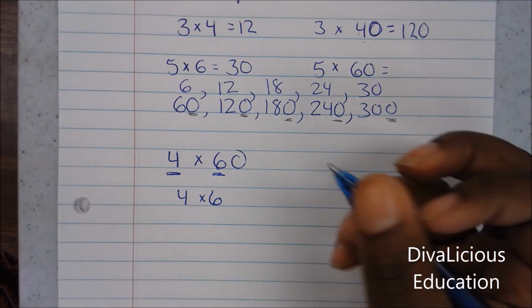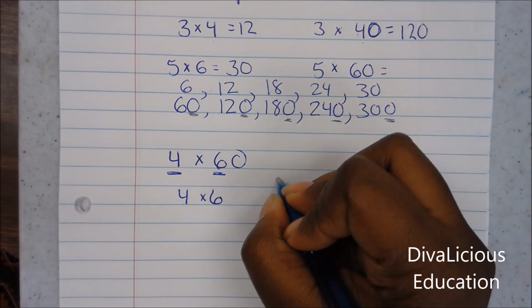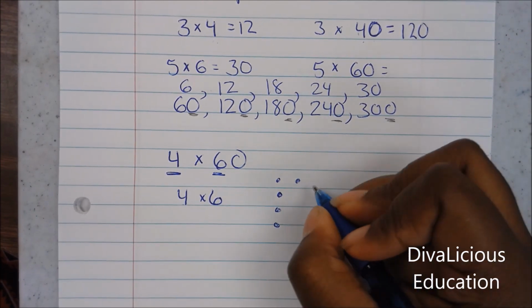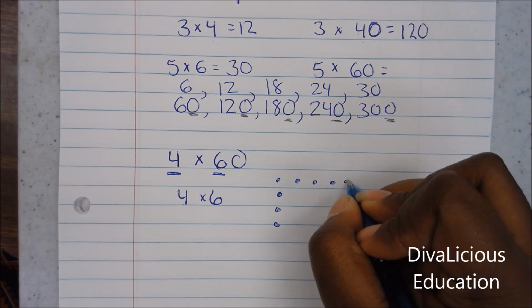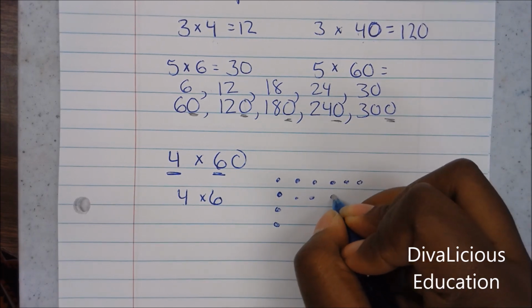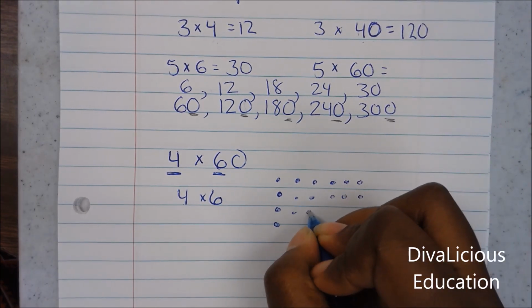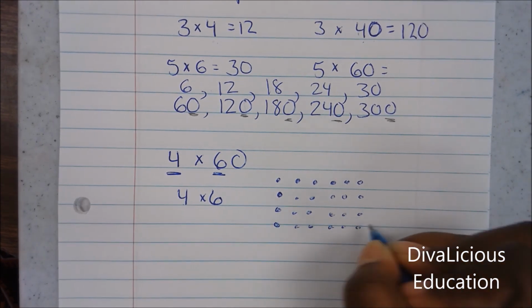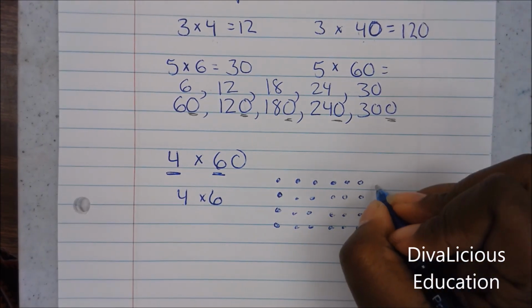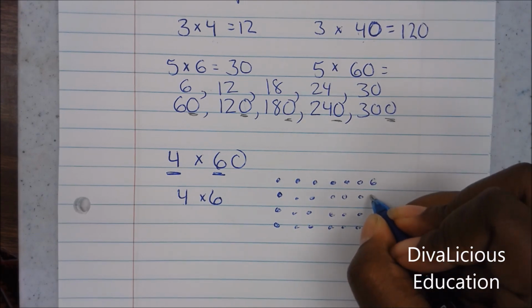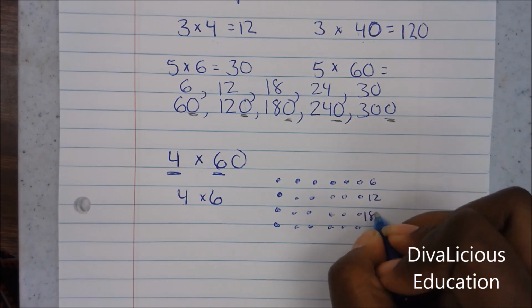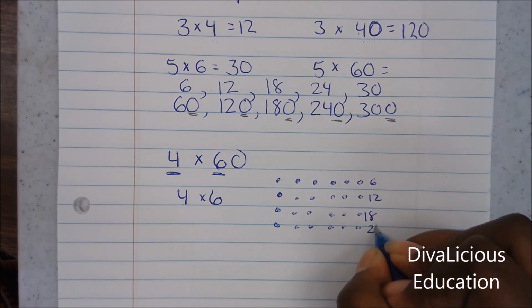I'm just going to do a quick little array where I need 4 rows of 6. And here are my 4 rows of 6. And then if I use that pattern, I know that I have 6, I have 12, I have 18, I have 24.